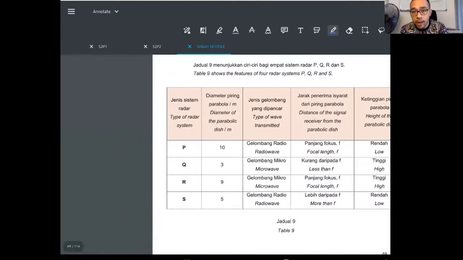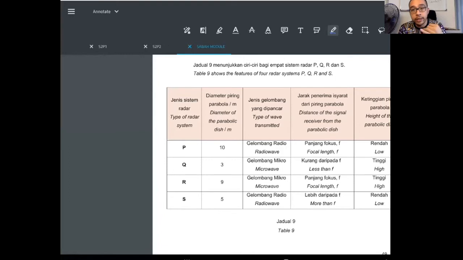Now how do you approach questions such as this? What you need to do is analyze the table first. Don't jump into answering it, unless you're very pro and you know what to do. Analyze the table first to see which one you want. The diameter of the parabolic dish, you have 4 choices: 10, 3, 9, or 5.